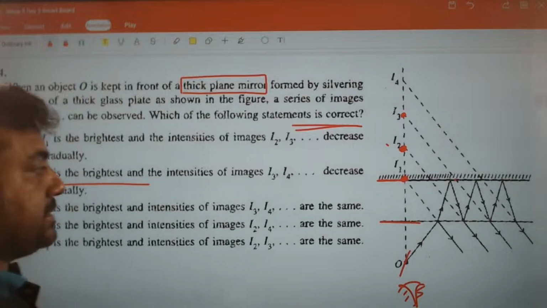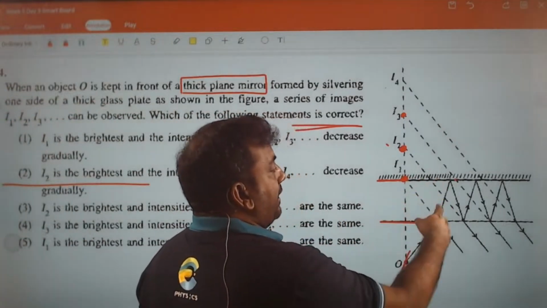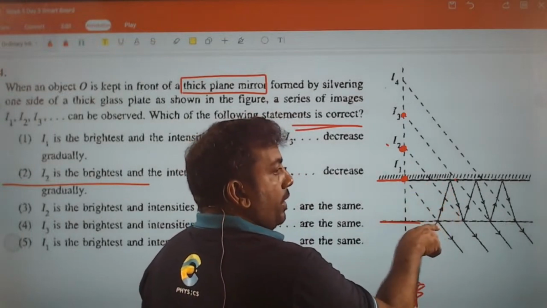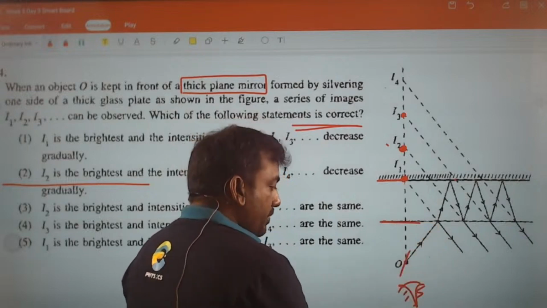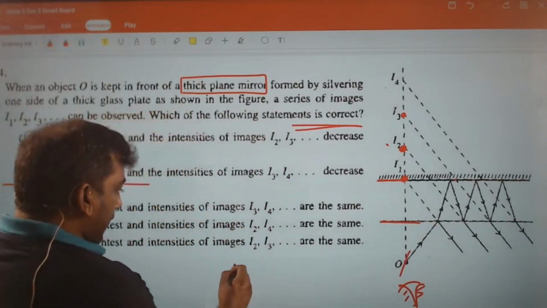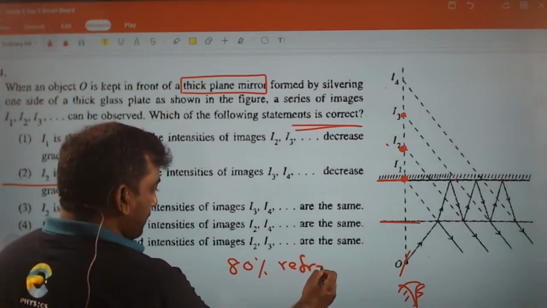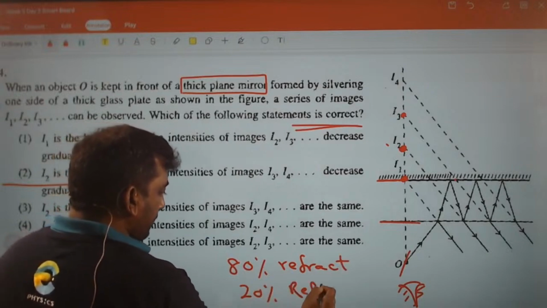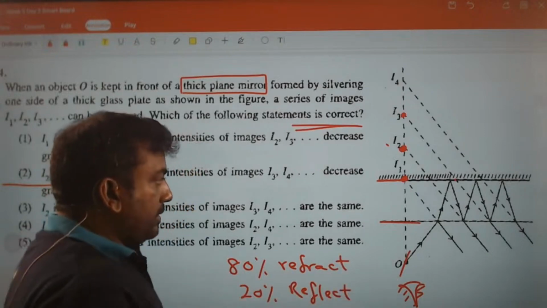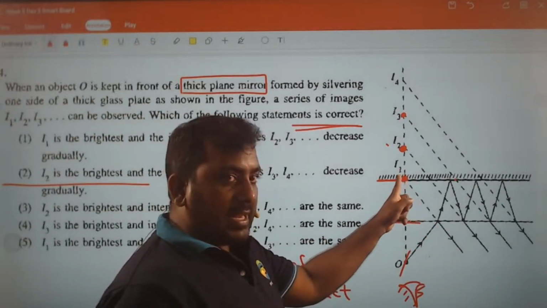Normally what happens is when you have a thick glass, around 80% of the light rays will refract, 20% will reflect. So this is occurring due to reflection. That's important. So the intensity of this light is actually less.